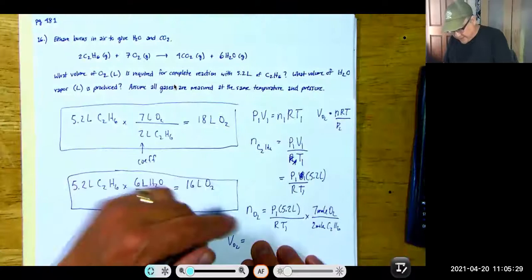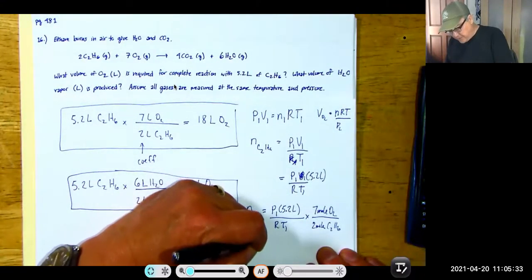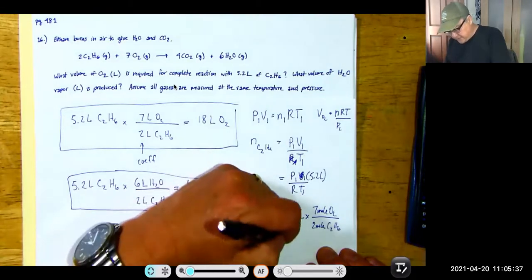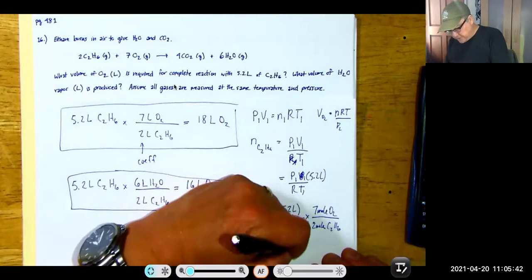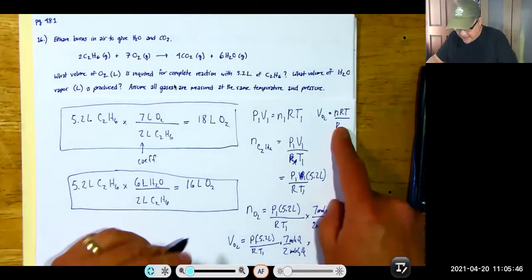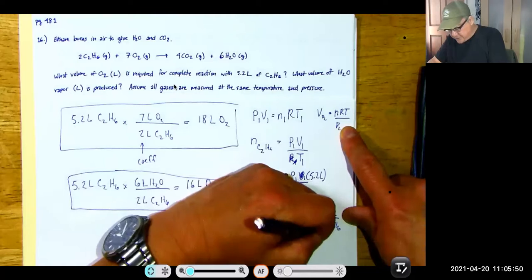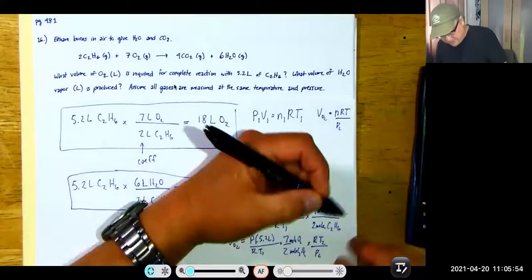So we plug this in here, all of this, P times 5.2 liters, 1 over RT1 times 7 over 2, and here I'm going to put mole of O2 per mole of C2H6, and then here you can see that we multiply, and this is just N, we multiply by RT2 over P2, and here's the deal.